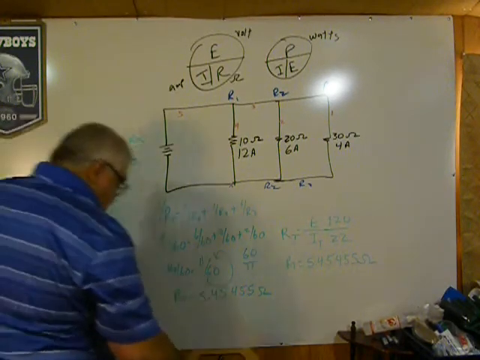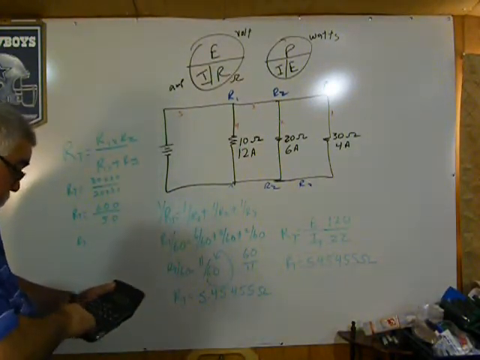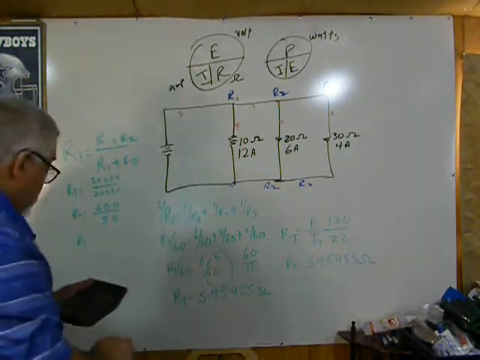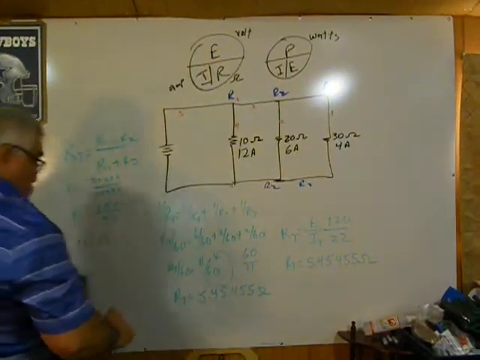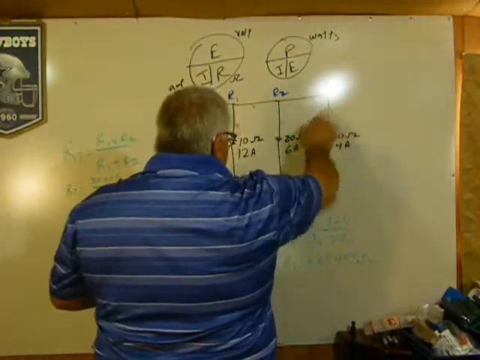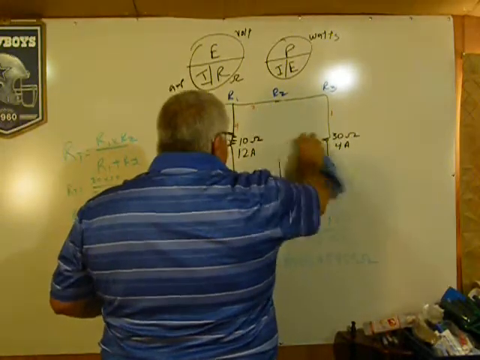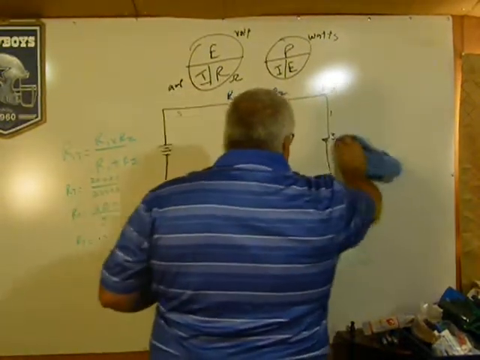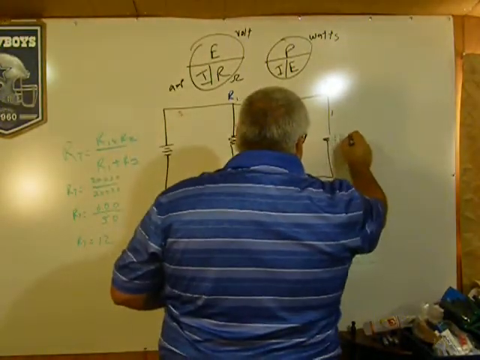RT is 600 divided by 50 equals 12. Okay. So what we did is we took these two at the end and shrunk them into 1, and we changed it to a 12 ohm.